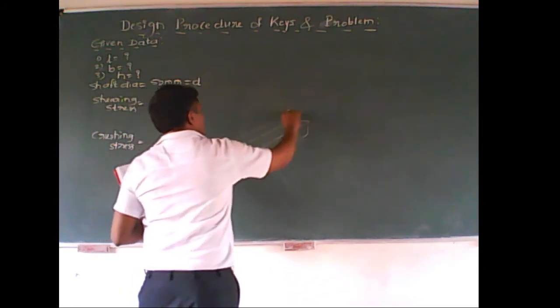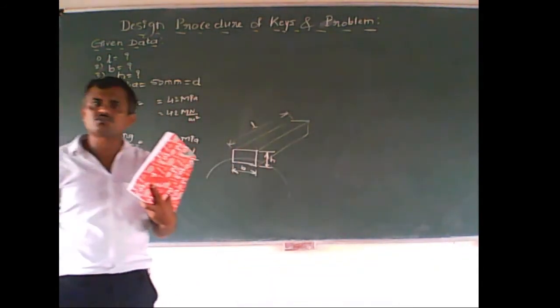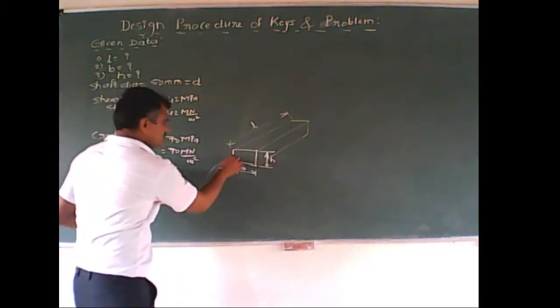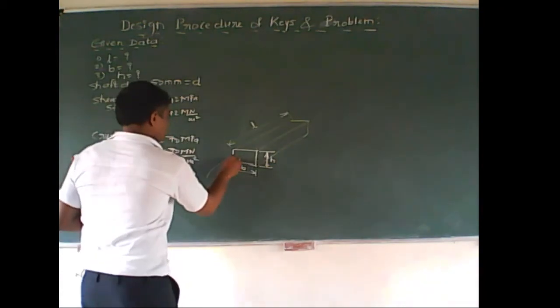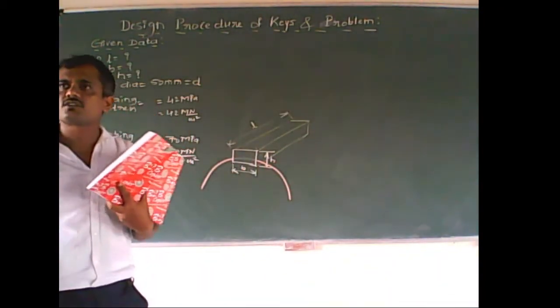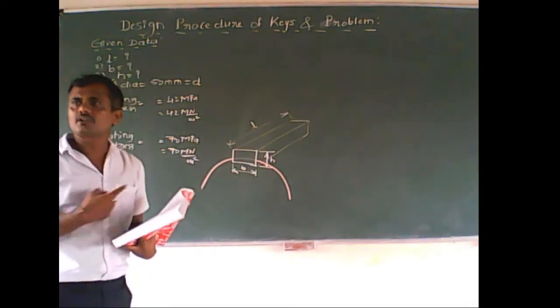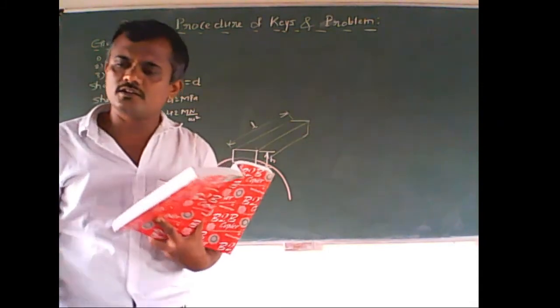If you take a three-dimensional view, so it's a shaft. Are you getting what I am saying? So this is an overall sketch of a rectangular key.